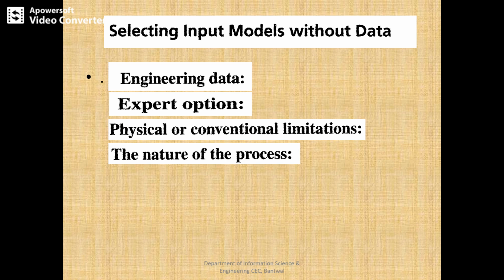If the beta distribution is used, then be sure to plot the density function of the selected distribution, so the beta can have an unusual shape. We know that. So these are the ways of selecting an input model without data.